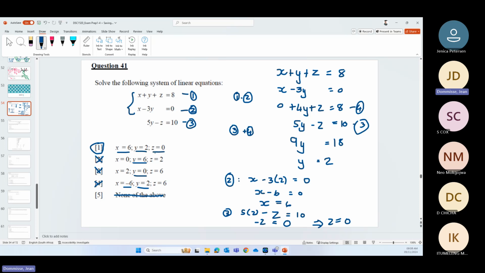Okay, so for the exams, if you don't have any of those calculators, like I also don't have one of those where you can put in the formulas, this is probably the easiest way to work it out.